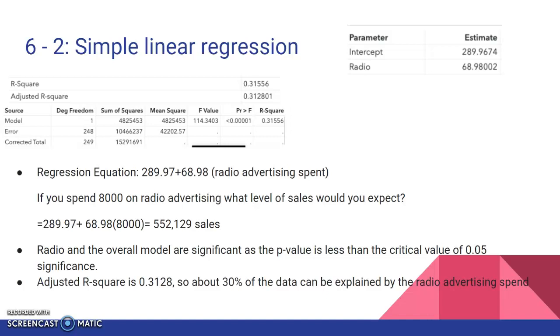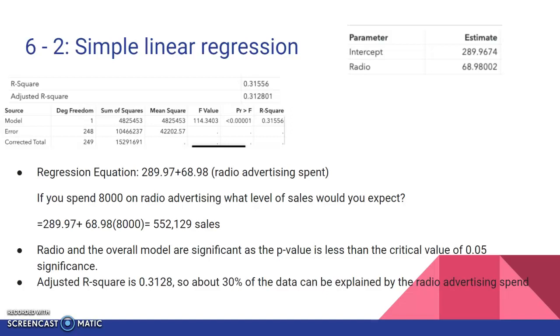This consists of the model, error, and corrected totals. In the top right, you can see our parameter and estimate, so intercept and radio, that's 289 and 68. Our regression equation is 289 plus 68, which comes from the radio advertising spend.